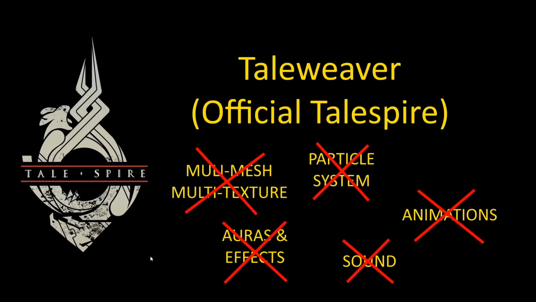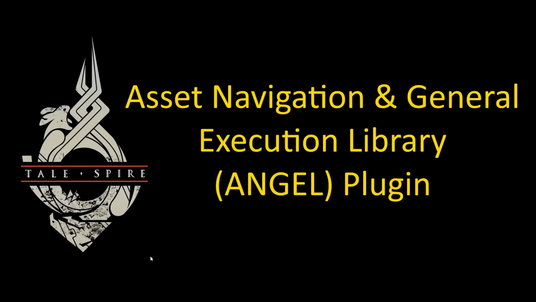So, what was the solution? The solution is the latest plugin, which is the Asset Navigation and General Execution Library, also known as Angel. So, you might ask yourself, well, if Calp was so hard to fix, how come Angel was able to accomplish the same thing?